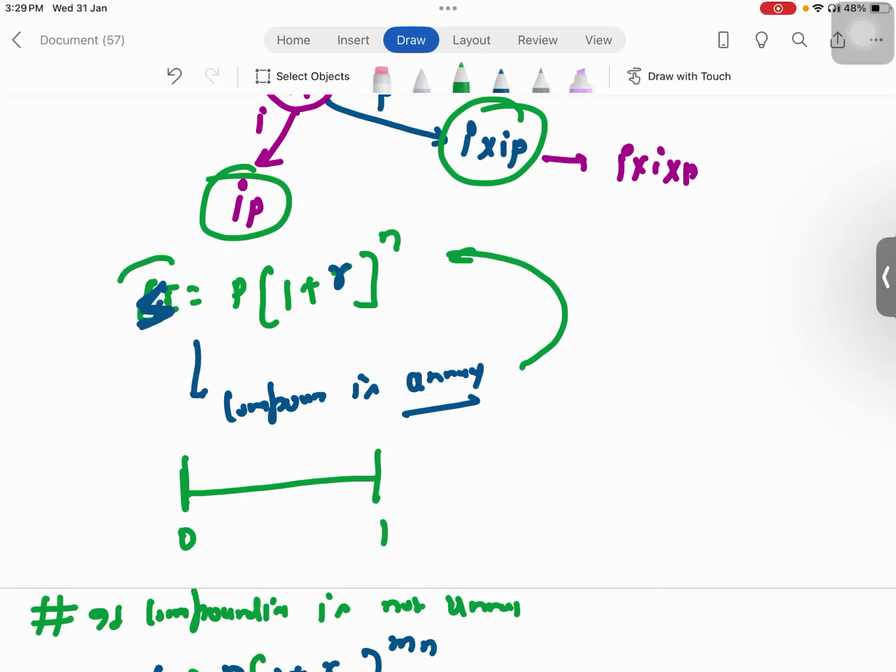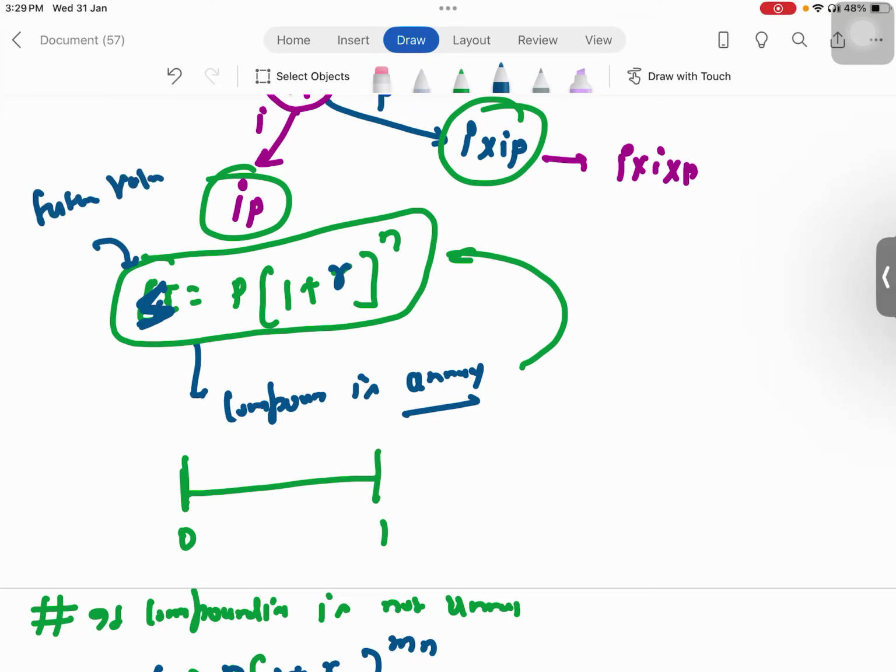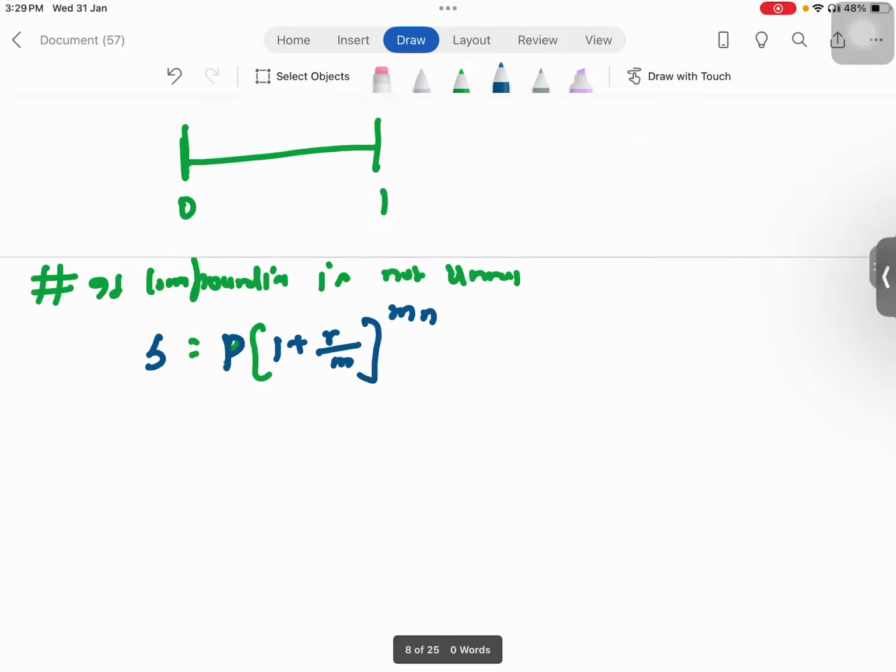Here, this S is your future value of the asset, and your P is your present value. On this present value after n years, how much future value will be there for this particular asset P? That is your S. So S is your future value and P is your present value.